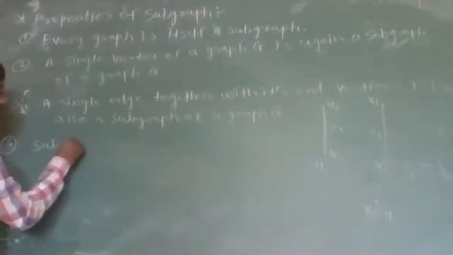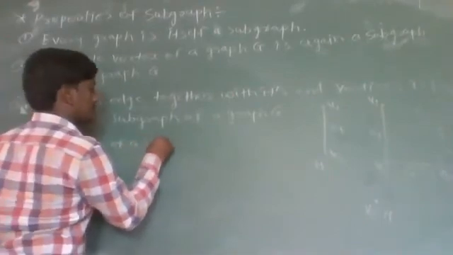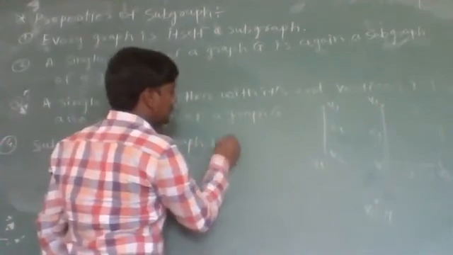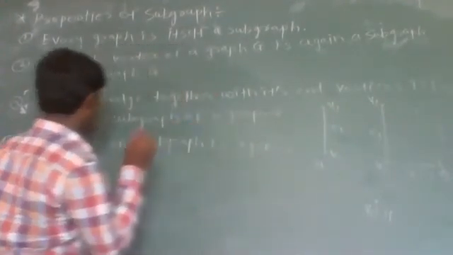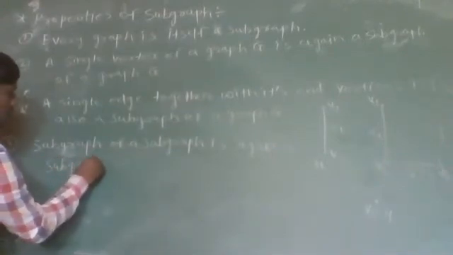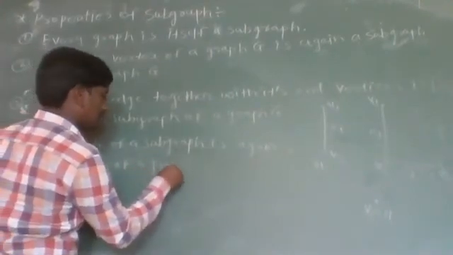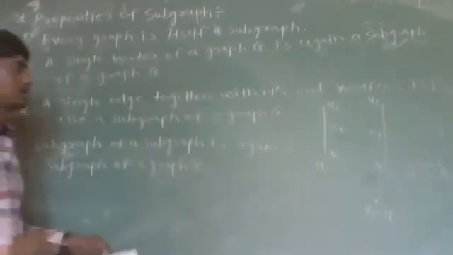Now a subgraph of a subgraph is again a subgraph of graph G. For that, let us see one example.